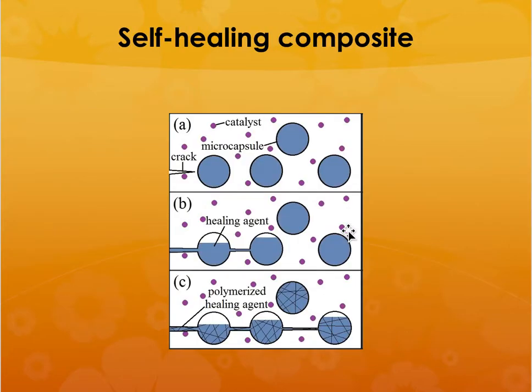Okay, so let me talk a little bit about self-healing. So you know that composites are extremely stiff and strong, so they can even be considered to be pretty brittle. So what happens is that if a crack starts, it can easily propagate through the composite material. And in order to prevent that, especially if it is going to happen during service, we create self-healing composites.